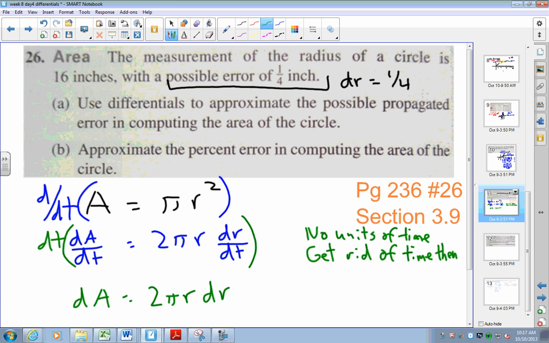Cool. And the whole question is, basically, what's my give or take on the circle? So what am I asking for in A? This whole question's asking for, I want who? If I want, basically, what is A off of? What's A give or take? What would you write that as? I want who? dA.